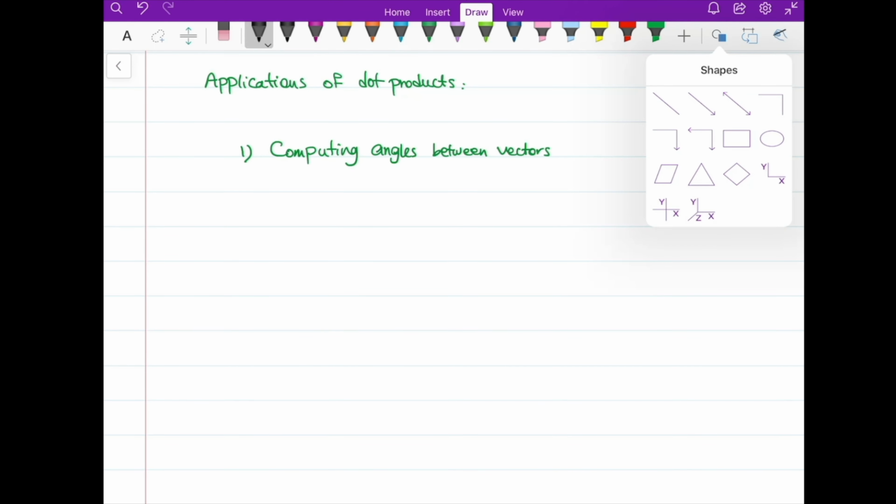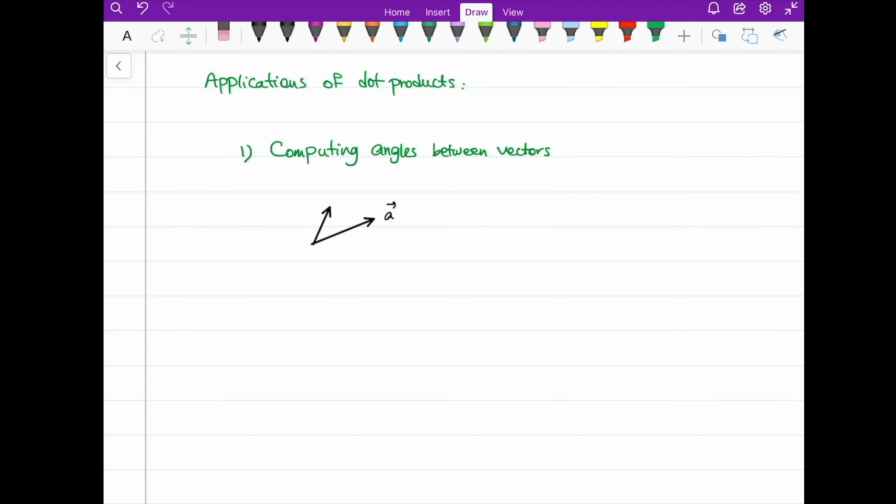So if I have a vector A and I have another vector B, and if theta is the angle between them, then the angle theta is given by using the geometric definition of the dot product.